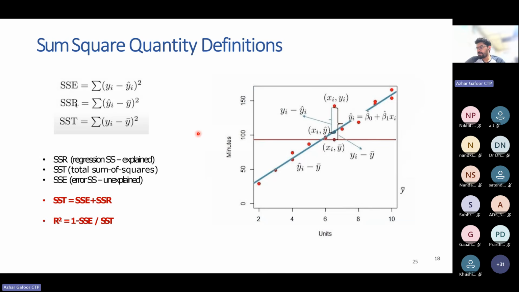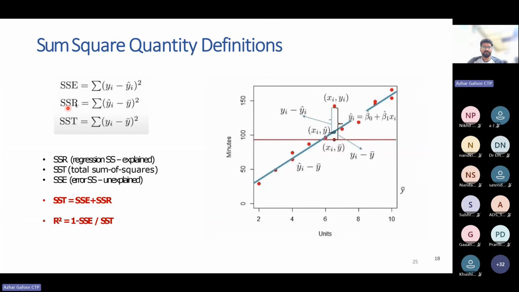So we have seen different sum of squares terms. So let's see the relation between each of them. So we have sum of squares of errors, that is nothing but the true value minus the predicted value whole square.